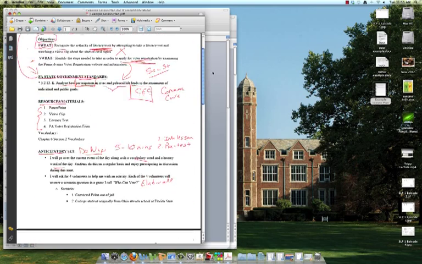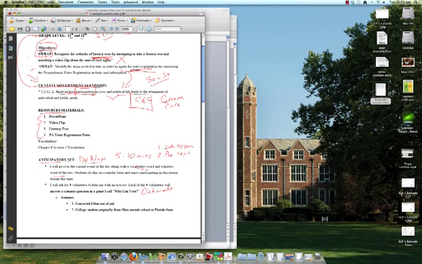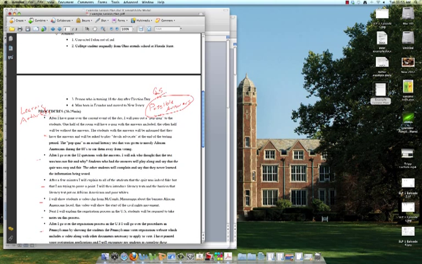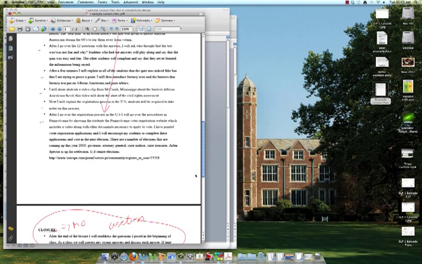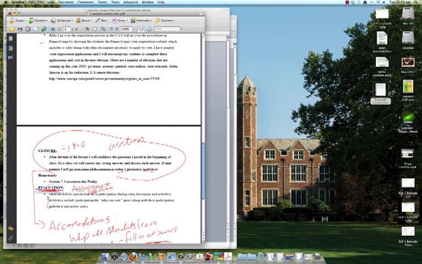Notice in all of this that whatever you say your objectives are really need to be taught throughout these procedures and assessed at the end in the closure. We need to know that students actually learn something from our lesson. And those are the parts of a good lesson plan.